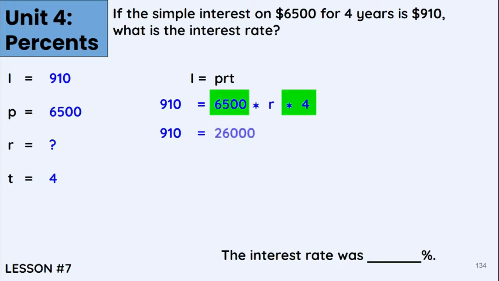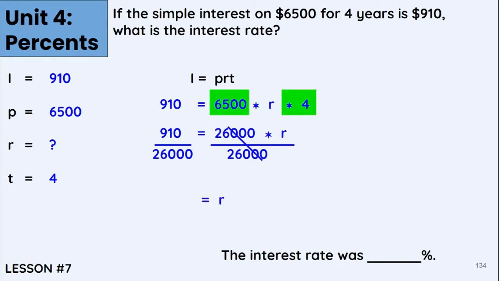All right, you should get 26,000 times R. Now I can solve the equation. R is being multiplied by 26,000. What's the opposite of multiplication? Division. So I have to divide both sides by 26,000. All right, cross off the 26,000s.